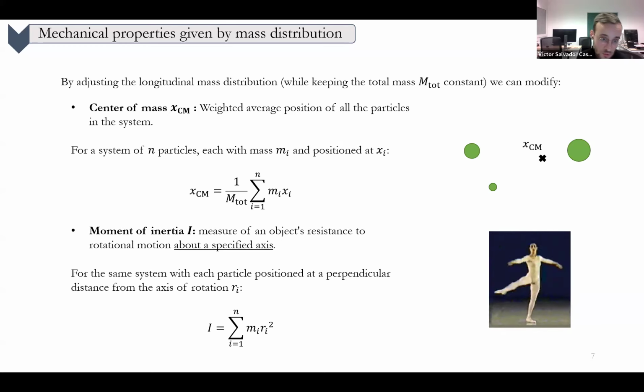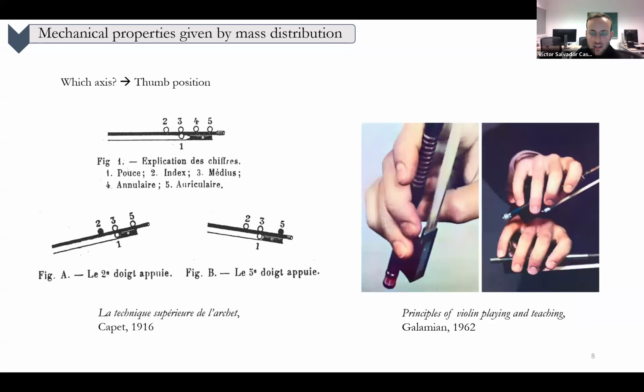So we have to first define about which specific axis the bow rotates, because it's not fixed to any axis when a violinist is playing. In the literature, from the point of view of the player holding the bow, it will rotate around the thumb position.